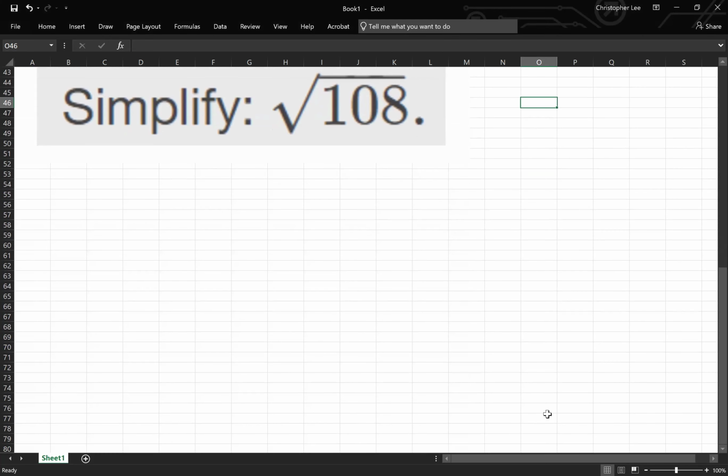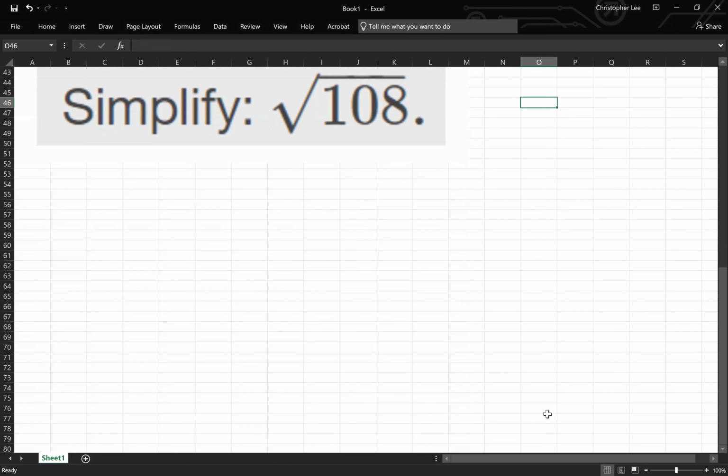So a little bit harder. This is the square root of 108. How do I do this? No, no, no, because that would be 100 times 8 is 800. I want one of the numbers to be a perfect square that goes into 108.